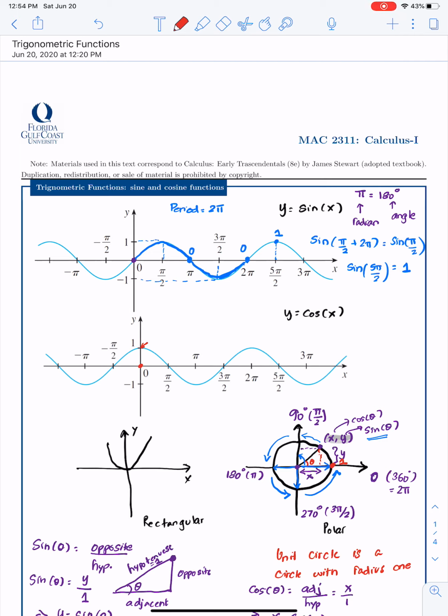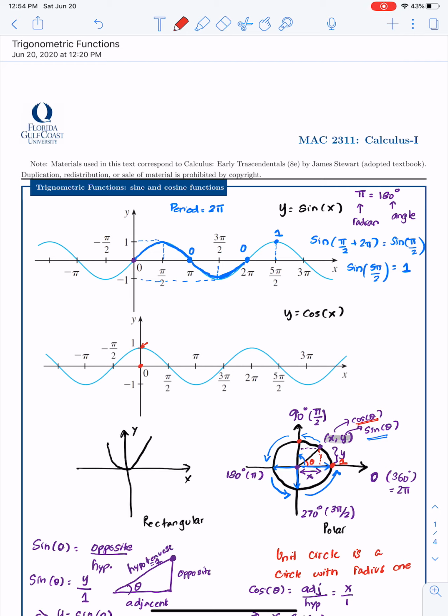Now, if I do one full move to 90 degrees, I would come to that point, and we know that the value of x in the rectangular system would equal cosine theta in the polar system.